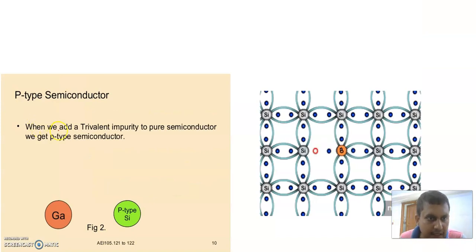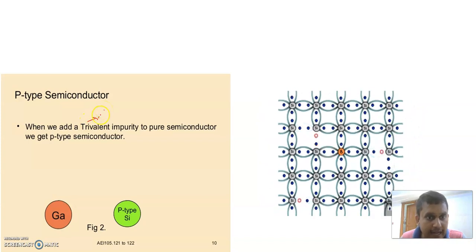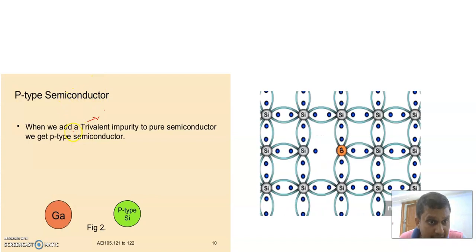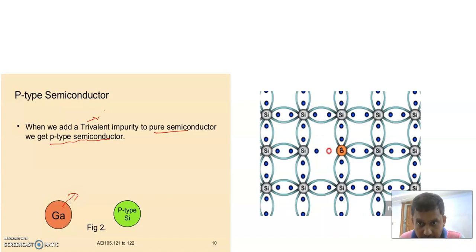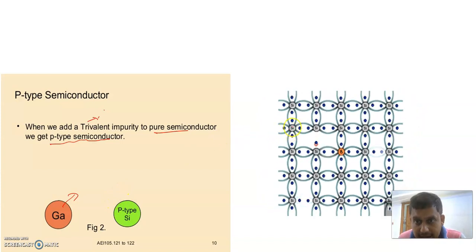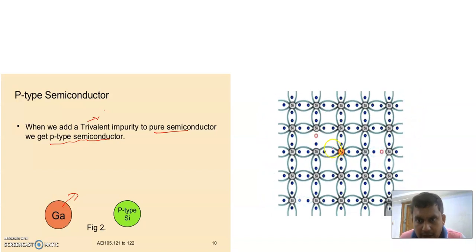This is the p-type semiconductor. When we add a trivalent impurity, for example boron, aluminum, or gallium, to a pure semiconductor, it becomes a p-type semiconductor. If we add boron to the intrinsic semiconductor, it accepts 1 electron, because boron has only 3 electrons in its valence shell.